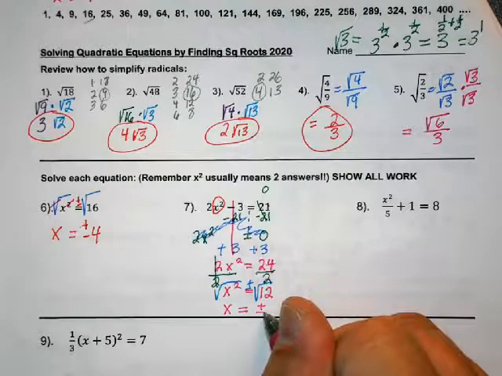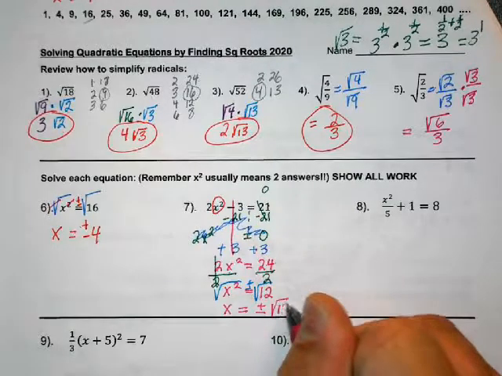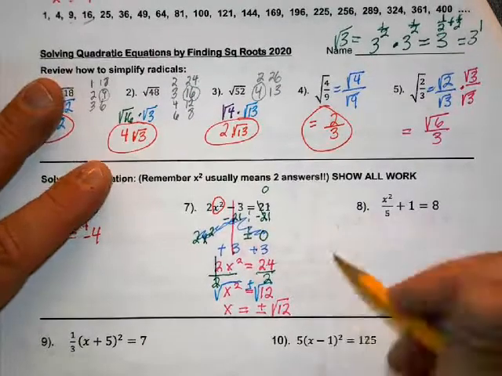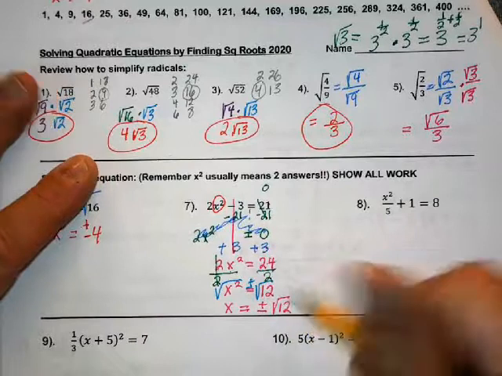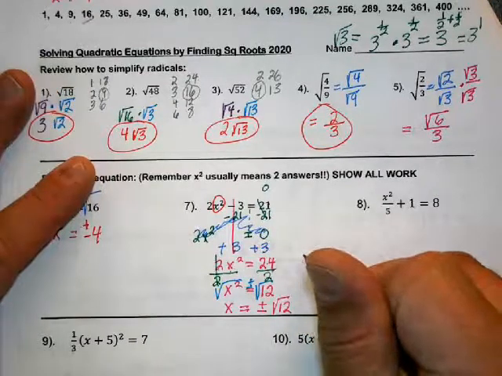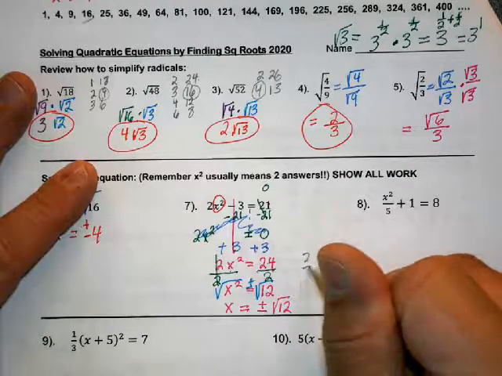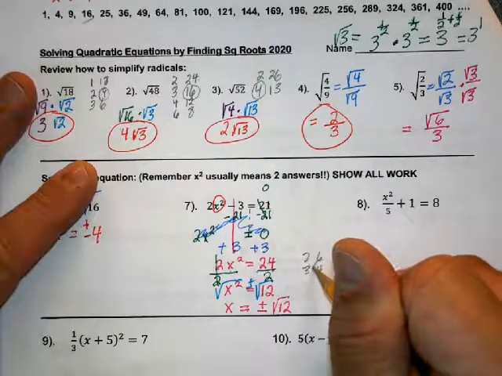Now, is the square root of 12 simplified? Well, if I ask you the question, chances are it's not. The factors of 12, let's see, 2 and 6. I'm leaving the 1 and 12 out. 3 and 4. Lo and behold, 4 is a perfect square, so I'm not done.